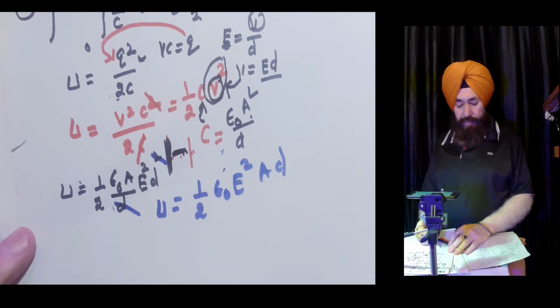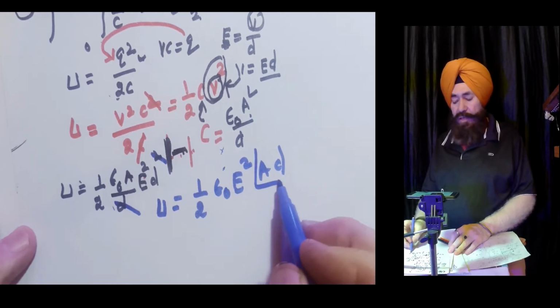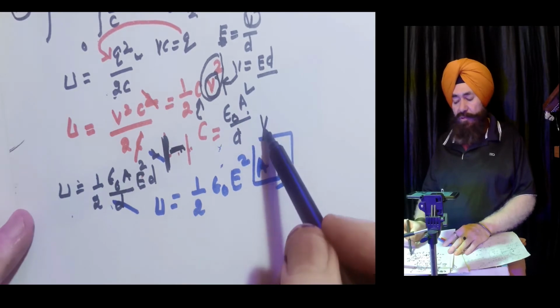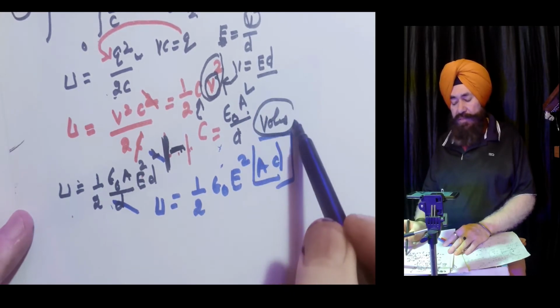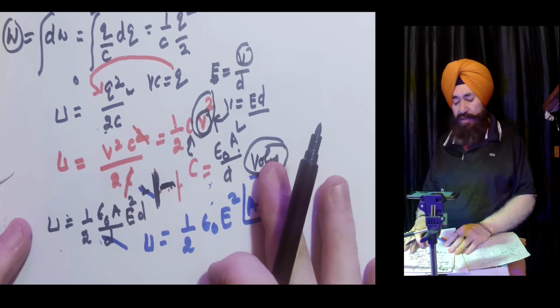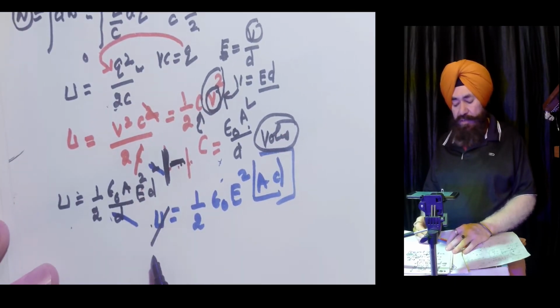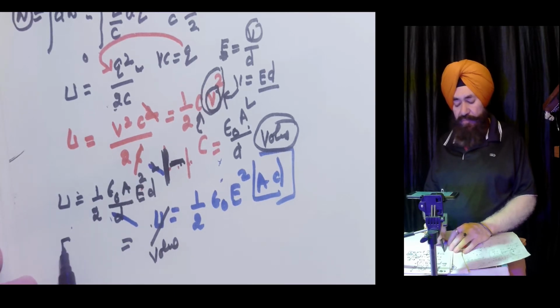Now what is A into D? A into D is the volume of the space in which there is electric field. Energy per unit volume is called energy density.